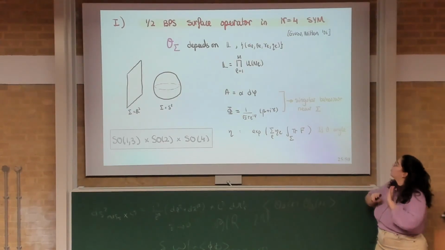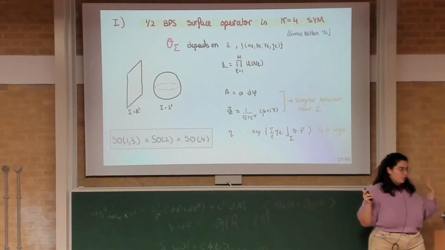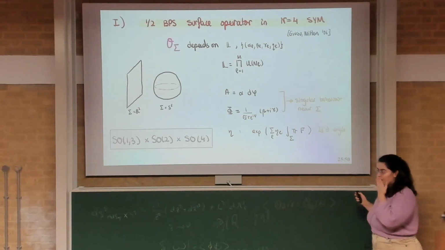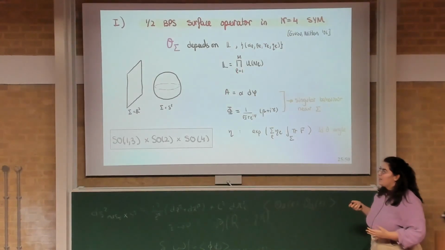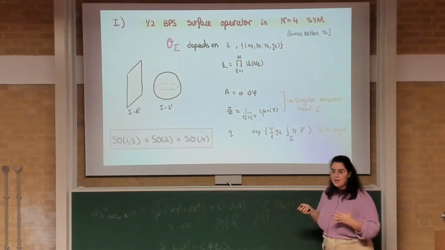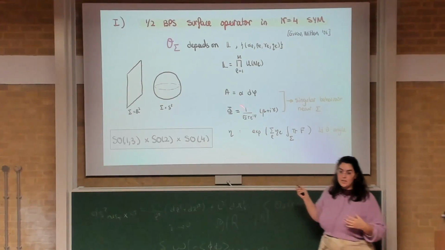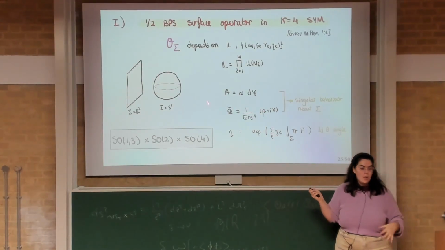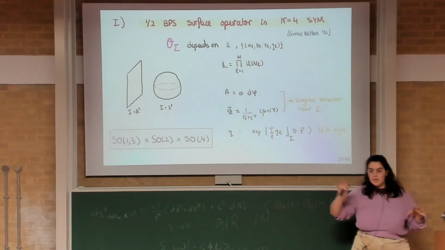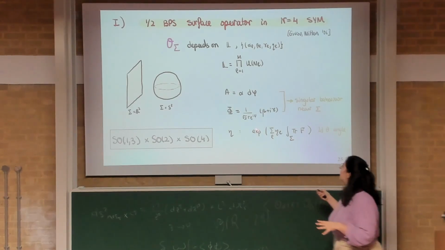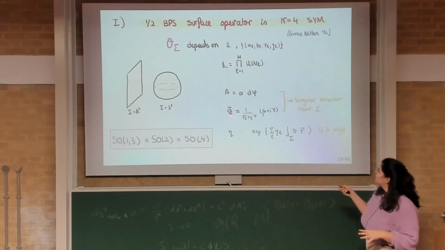I will only talk about the U(N) case, but people also discuss other groups. In the classification that Silvia explained the other day, this is a disorder operator, because I cannot write it as something that I insert into the path integral in terms of the fields of my theory, but it prescribes a singularity.